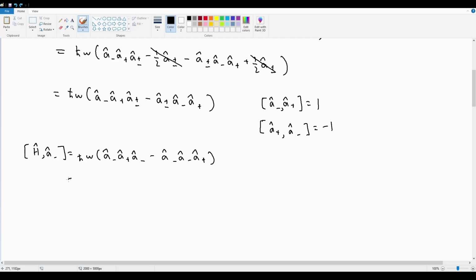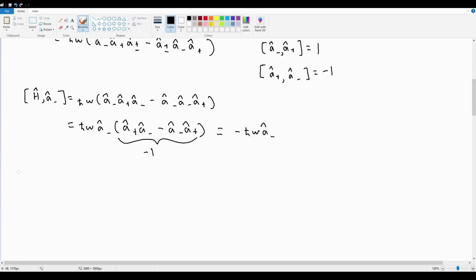I can factor that out via the distributive property: ħω â₋(â₊â₋ − â₋â₊), which is just the commutator of â₊ and â₋, which is equal to −1. So therefore this is equal to −ħω â₋.